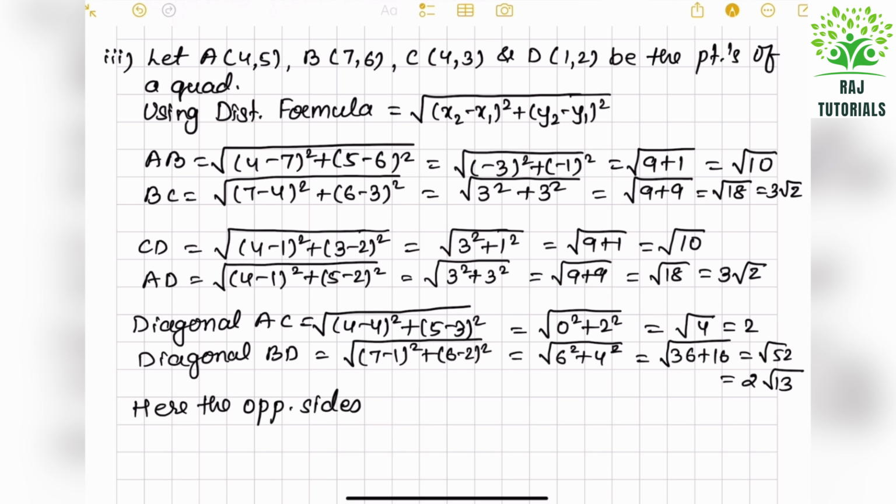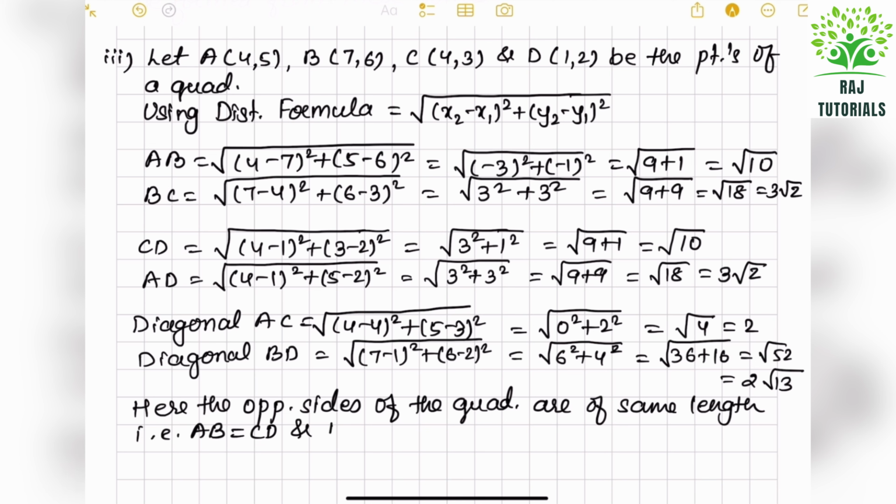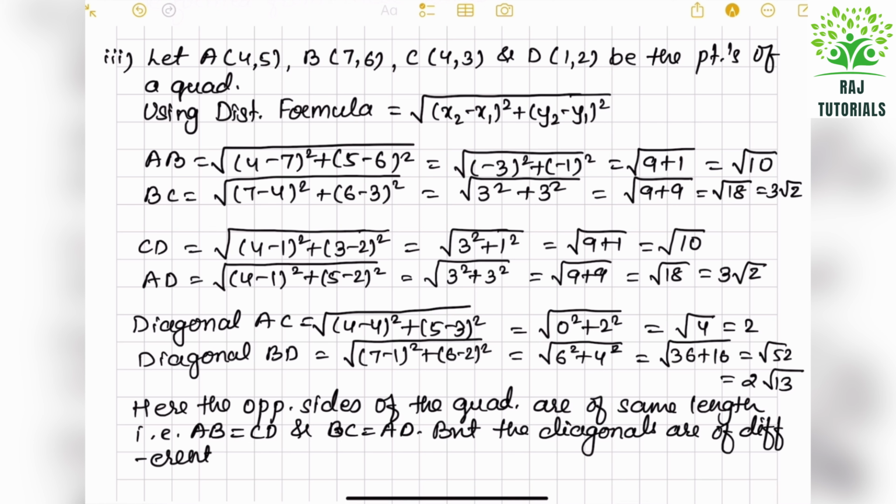Here the opposite sides of the quadrilateral are of same length, i.e. AB equal to CD and BC equal to AD, but the diagonals are of different lengths.